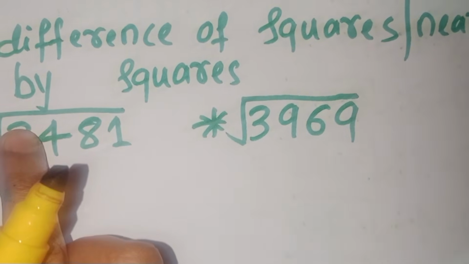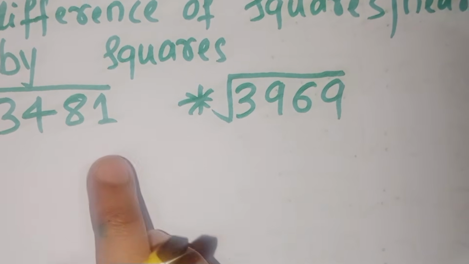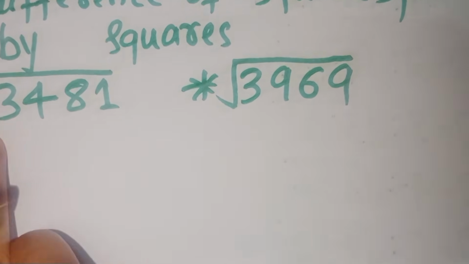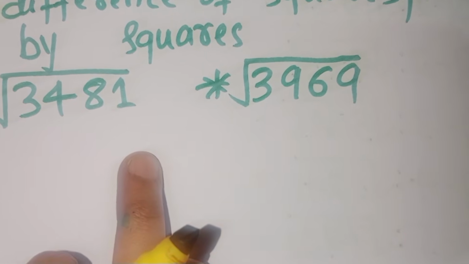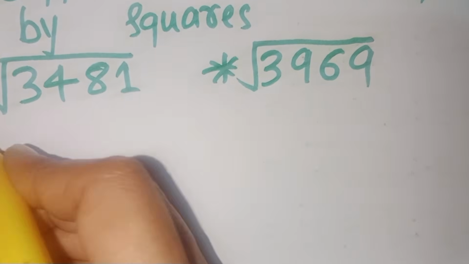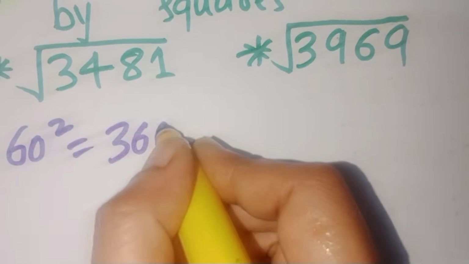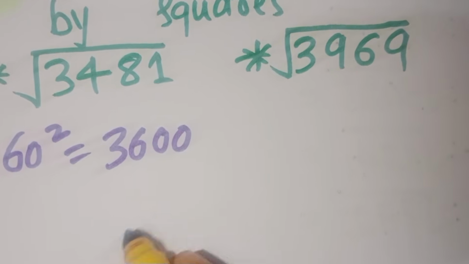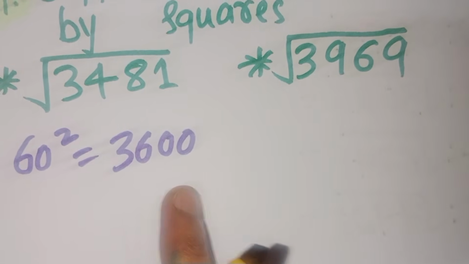Difference of squares, nearby squares. Now let's use nearby known squares to identify the answer quickly. Suppose we have square root of 3481. We know 60 square is 3600, and 3481 is just below 3600.